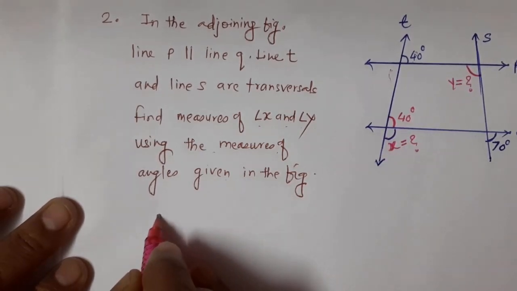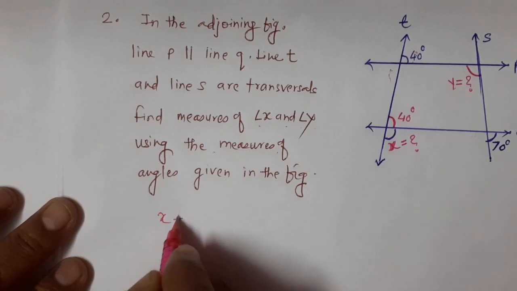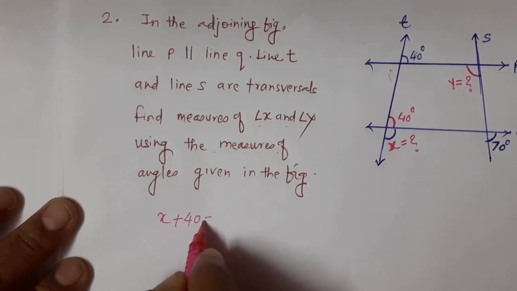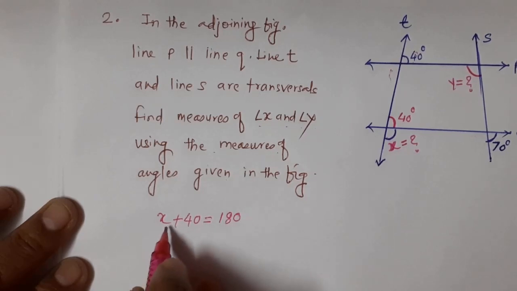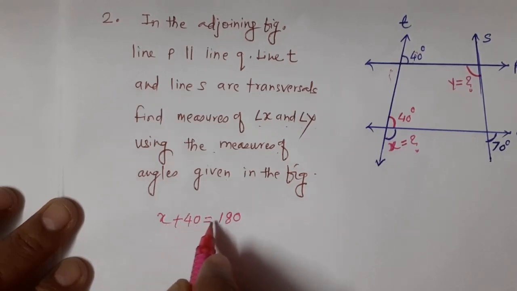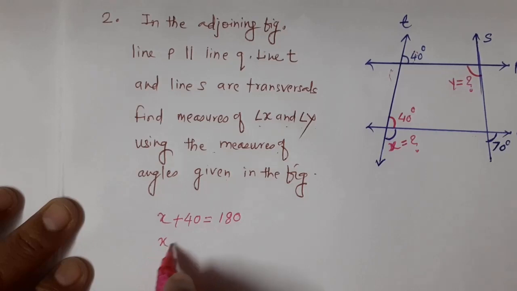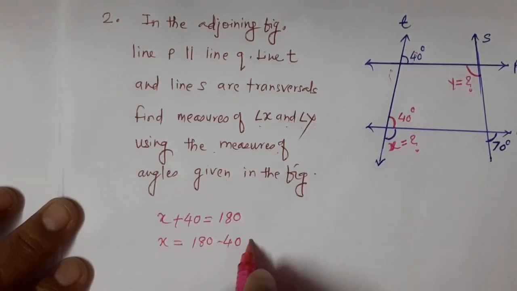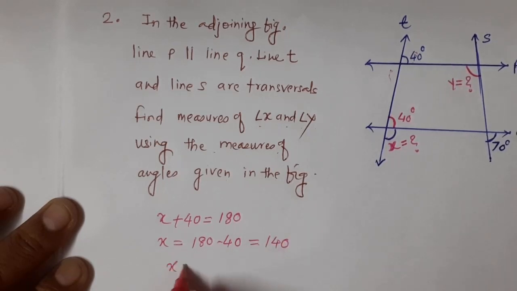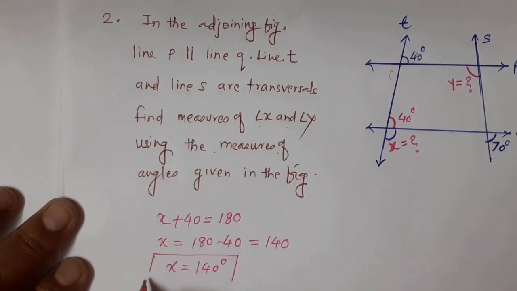So x plus 40 is equal to 180, because the addition of linear pair angles is 180. So x is equal to 180 minus 40, that comes out to be 140. So x is 140 degree.